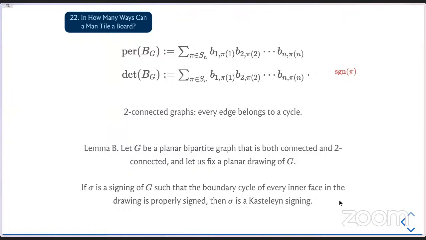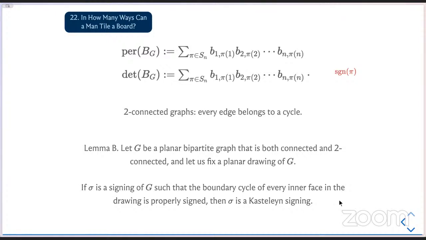The outer face is basically the infinite face. You look at just the complete outer boundary of the planar graph in question, and whatever is outside of it is the outer face. So you're not talking about that, but you're talking about the boundary cycles of the inner faces. If these are properly signed, then the signing does what you want.